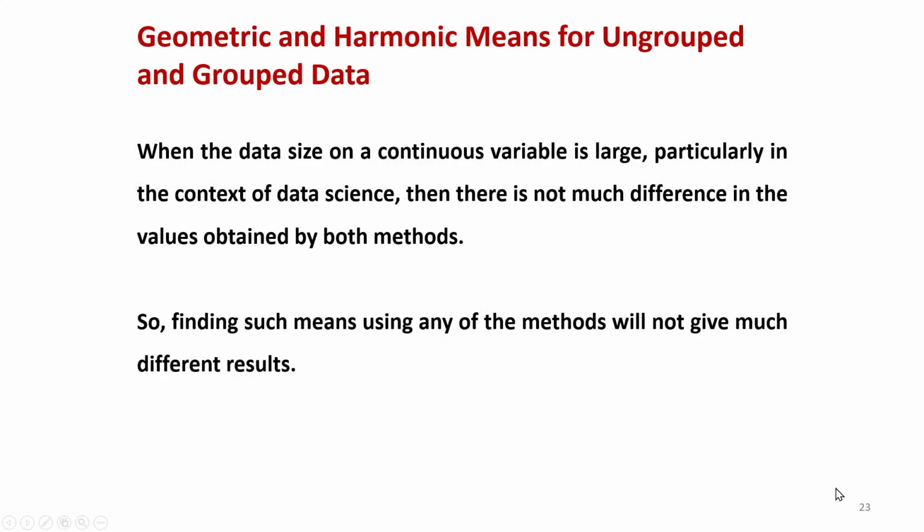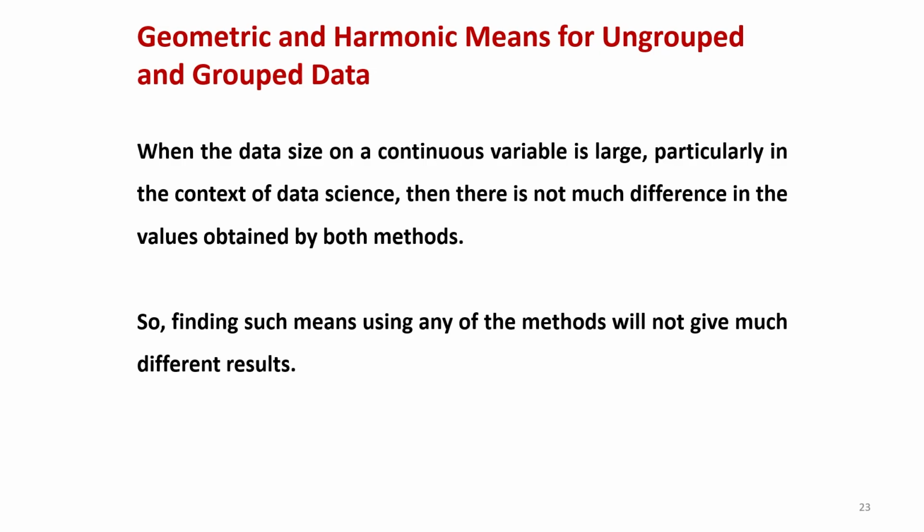So now if I would like to give you a piece of advice, you have seen that when we are trying to compute this geometric mean and harmonic mean for the same set of data, considering them as grouped or ungrouped data, there is not much difference between the values of geometric mean and the harmonic means.